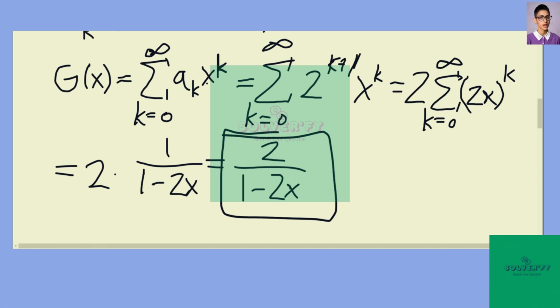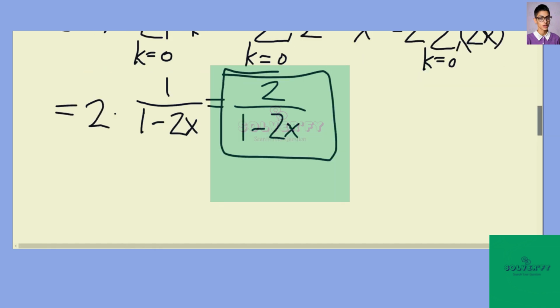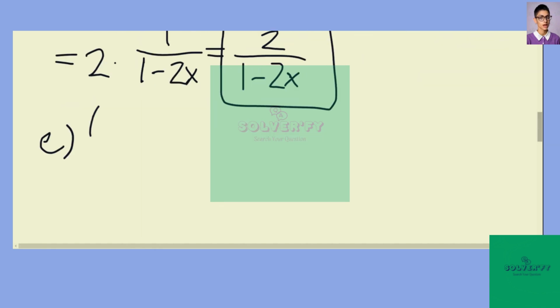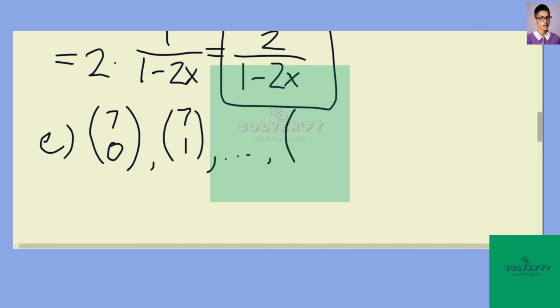In part E, we are given the sequence 7 choose 0, 7 choose 1, up to 7 choose 7, and then 0, and so on.